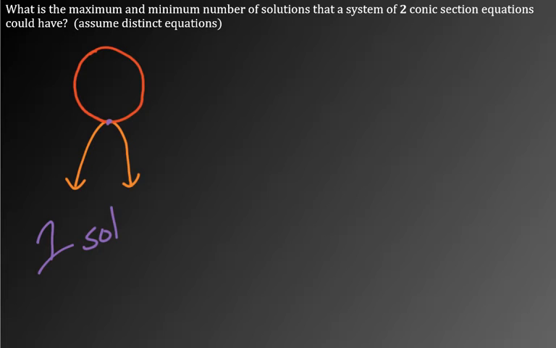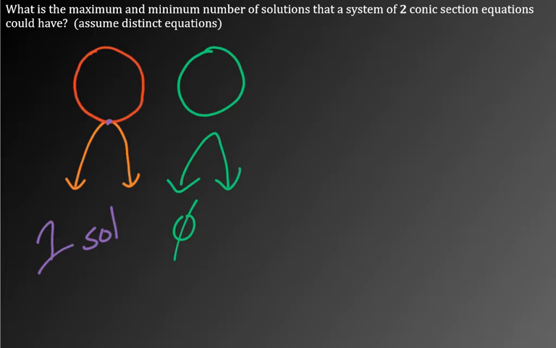But if you also consider no solutions as a possible case, you could even go lower. You could have a circle, and then a parabola like that. So you can have no solution too. But if you actually assume a solution, then the minimum number of solutions is 1.